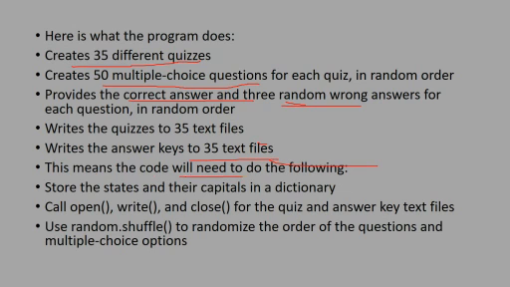So the code will need to do the following: store the states and their capitals in a dictionary, open, write and close the quiz and answer key text files, and use random.shuffle to randomize the order of the questions and MCQs. So let's see how it actually happens.